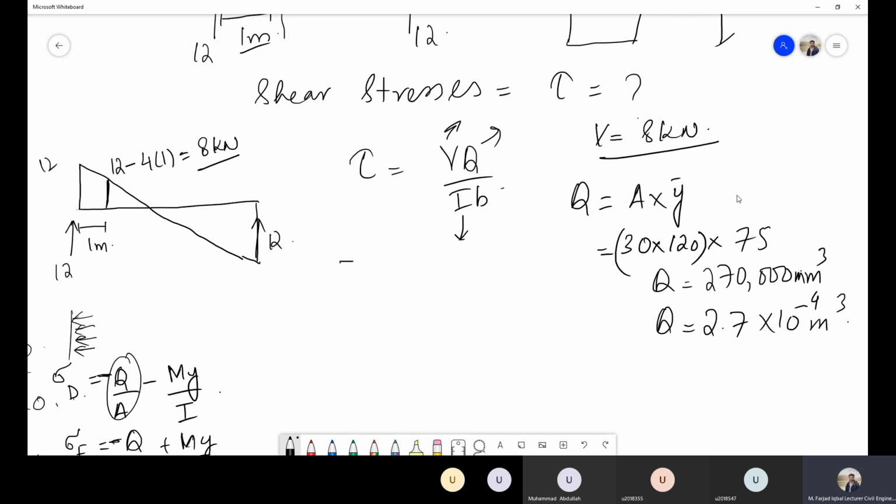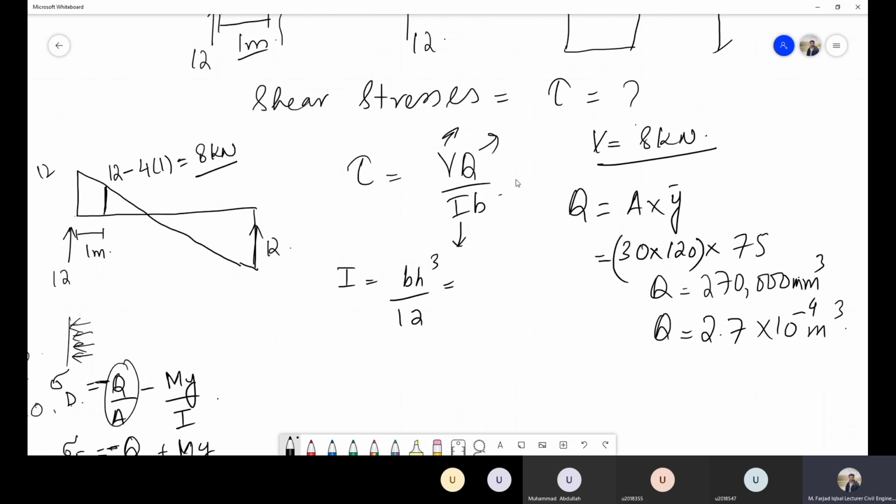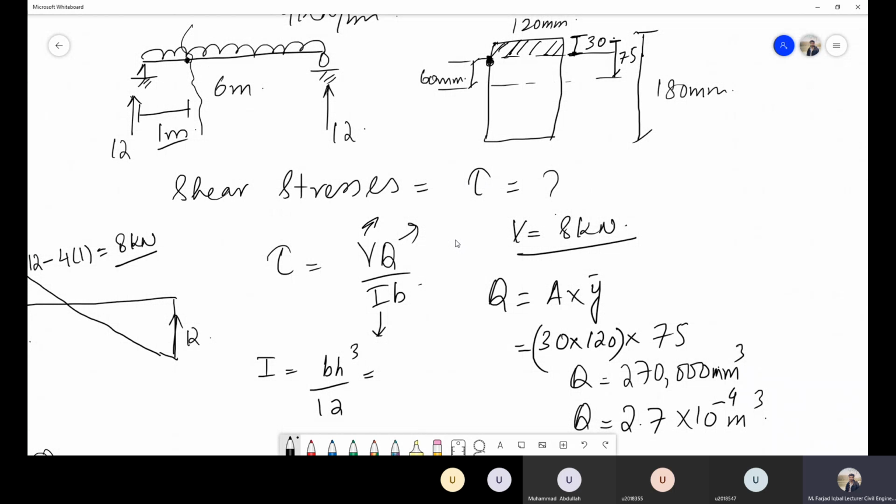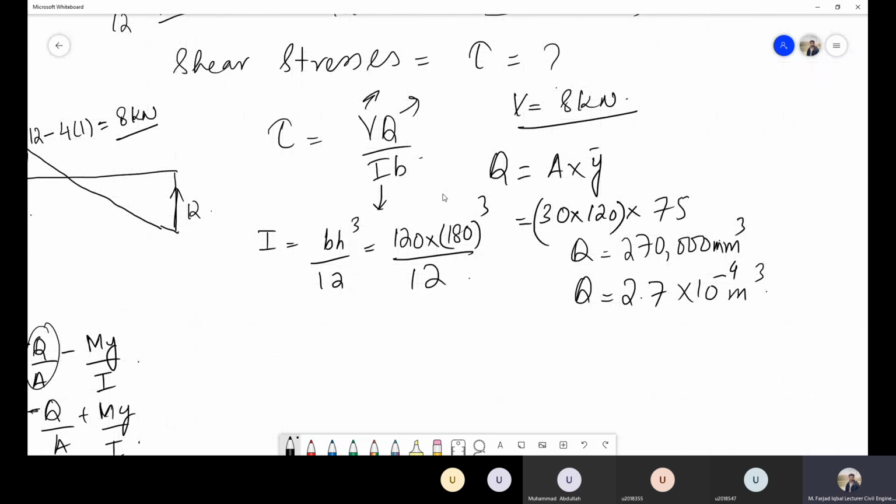What will be I for this cross section? This is a rectangular cross section, so we have simply BH cube over 12. So width is 120, height is 180, divided by 12. So what is this value? Give me the answer in meters.